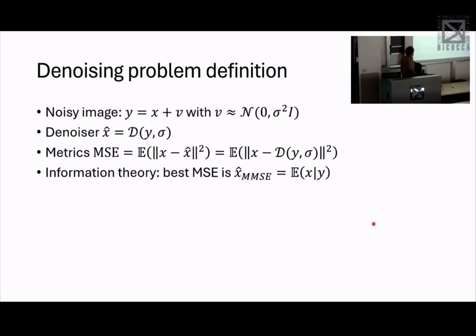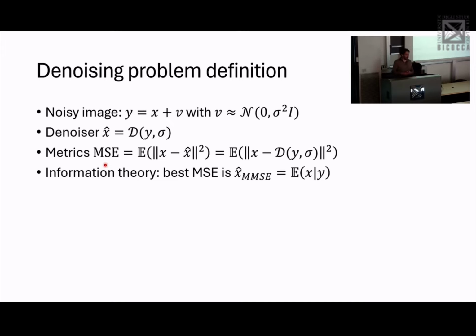Our denoiser is something that, given in input an image, the image y, estimates one image x hat. If we take the mean square error between our estimate and the true image, it's the expectation of the true image minus the denoised version of our image.